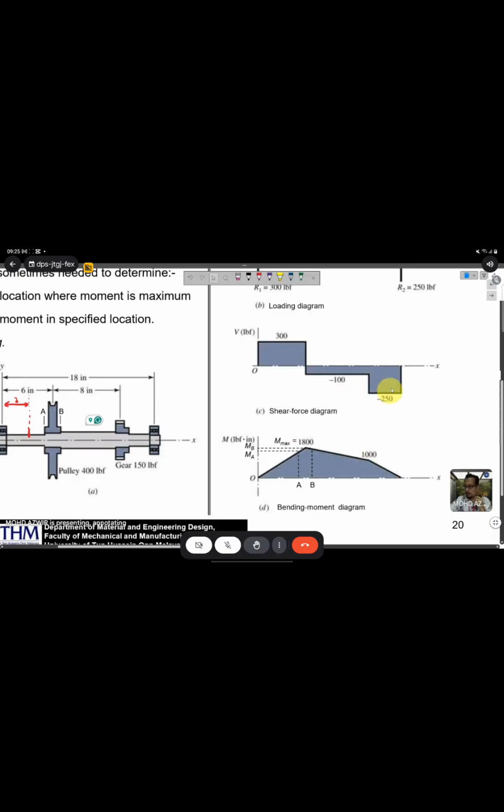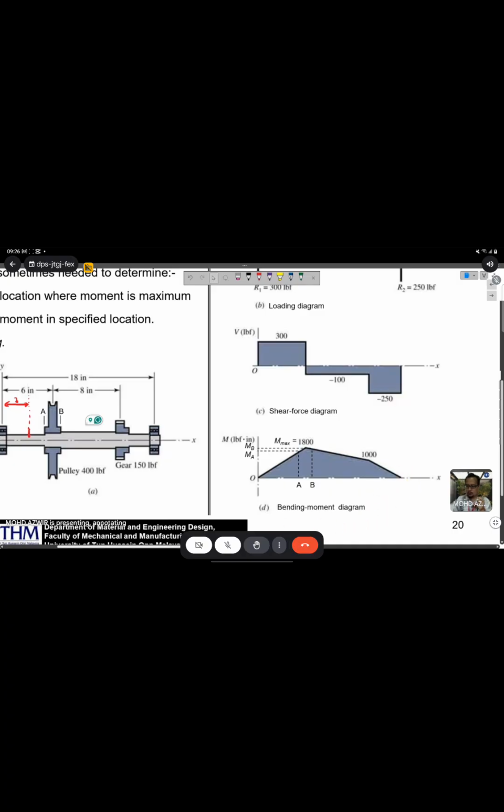And then the last one, from 1000 to here, because this one is 4 inch, 18 minus 8, you get 10, 10 minus 6, you get 4 inch here. So 250 times 4, you get negative 1000. So here you have already started at 1000, 1000 minus another 1000. So at the end, you will get 0.